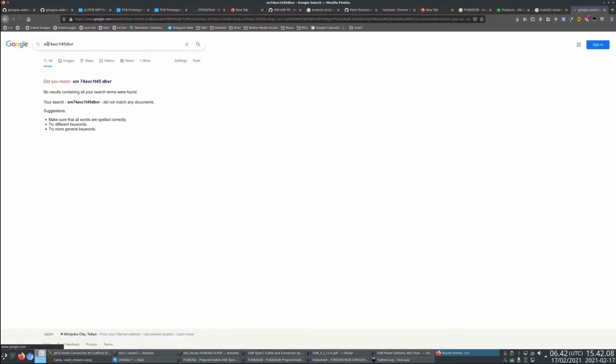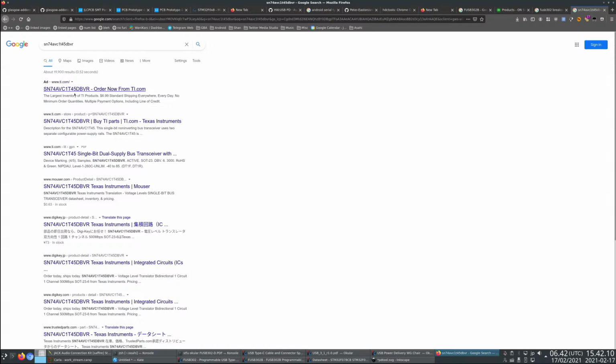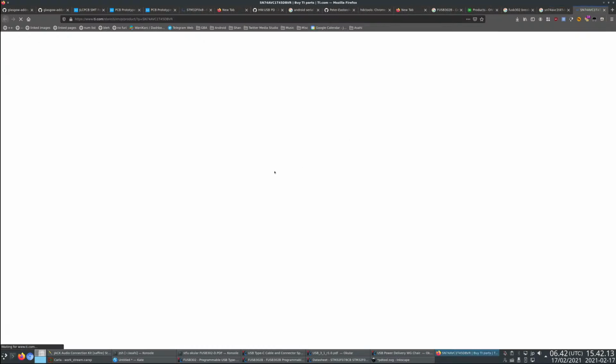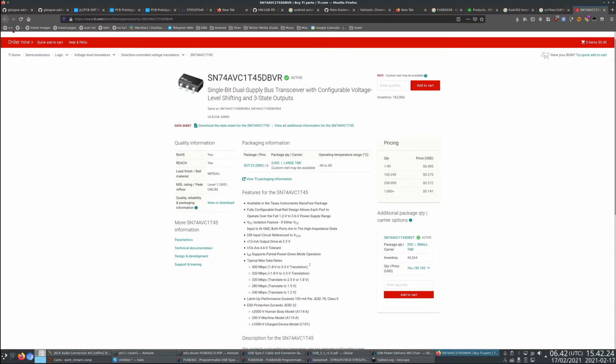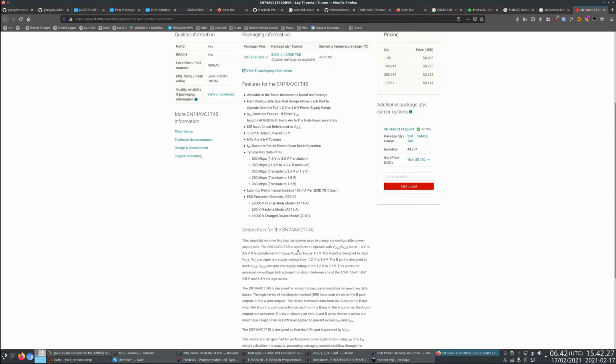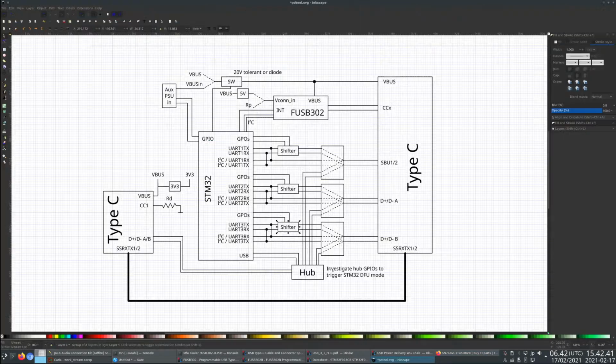It has a 1.2 volt to 3.6 volt supply range. Yeah, okay, so these are basically 3.3 volt versions similar to the classical ones. It says optimized for 1.4 to 3.6, but it'll go down to 1.2. Cool. Yeah, that works. No problems with that.